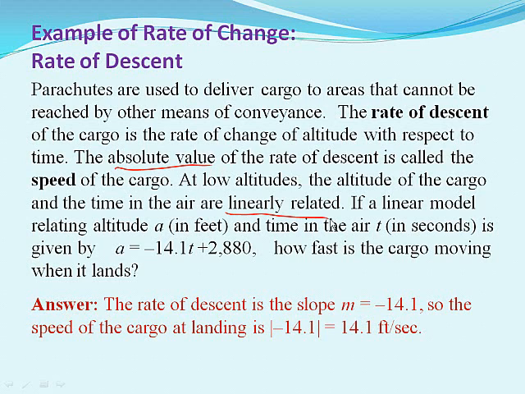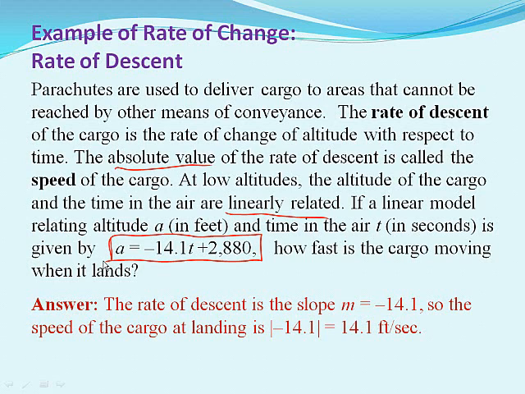At low altitudes, the altitude of the cargo and the time in the air are linearly related. If a linear model relating the altitude A and the time in the air t is given by A equals negative 14.1 t plus 2880, how fast is the cargo moving when it lands?